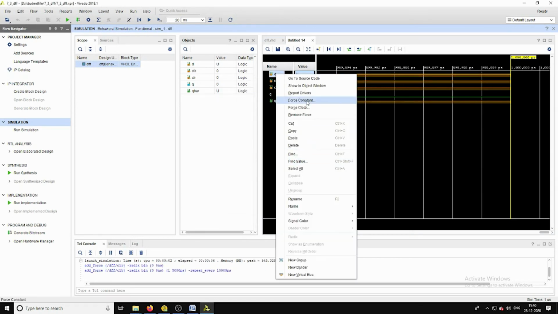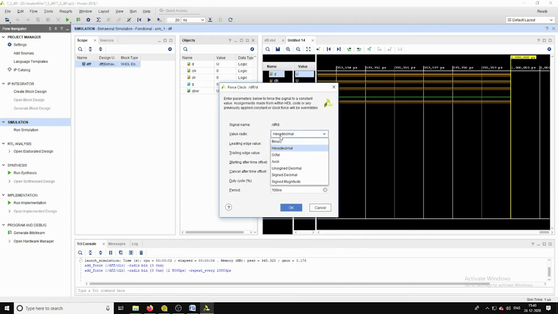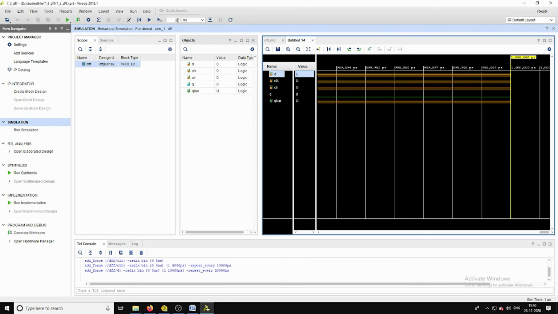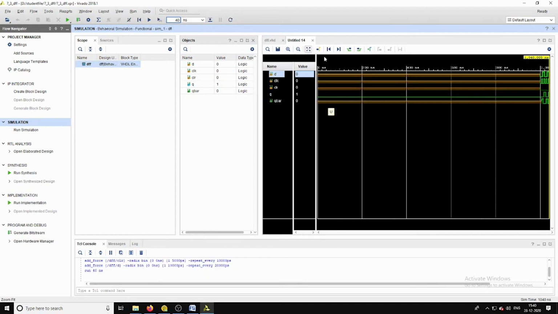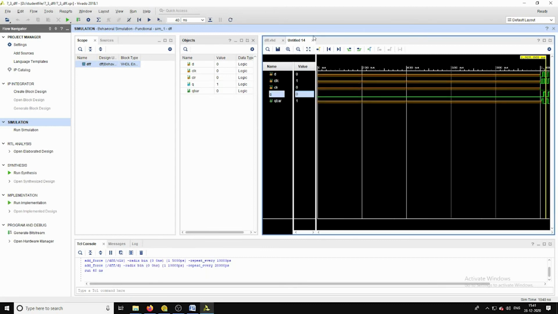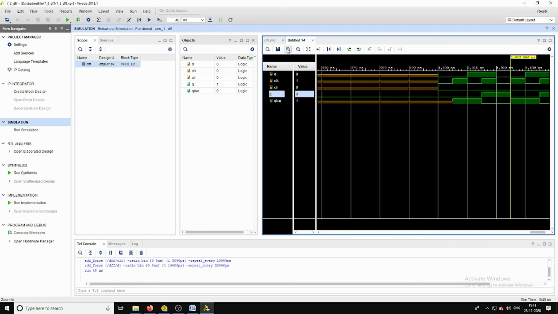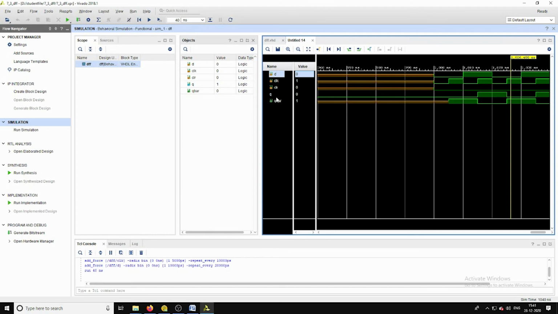Here I am considering the same value, same assignment for this D also, but with different time portions. See, this is about the particular output values for the D flip-flop. Across these positive edge transitions, the input of the D will appear across the non-complementary output of the D flip-flop.